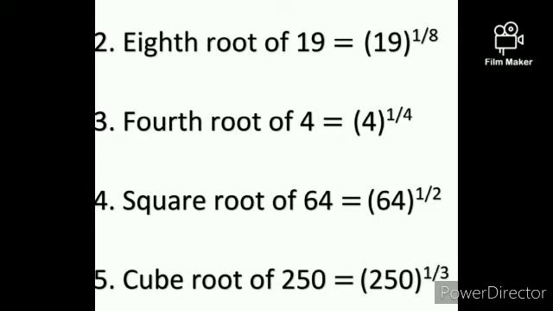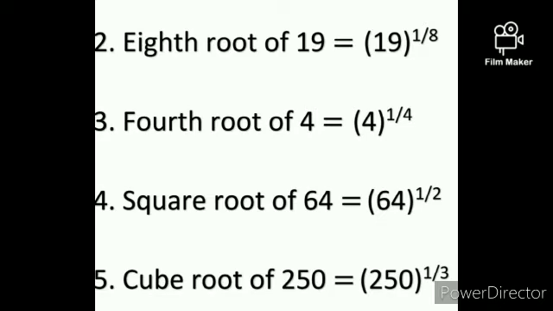The next example, fourth root of 4. Again here, what is the number? 4 has to be written in bracket and 4 is your base. What is asked? Fourth root means 1 upon 4. Now in 1 upon 4, 1 is your power and 4 is your root.